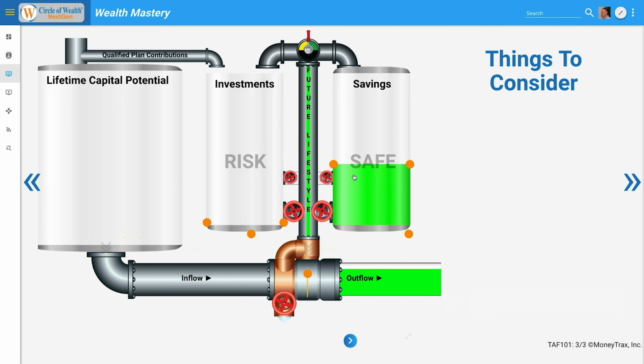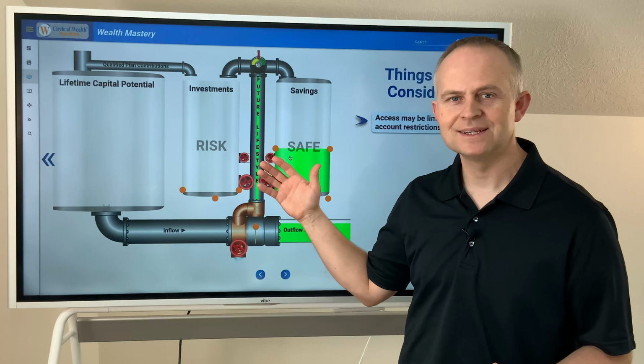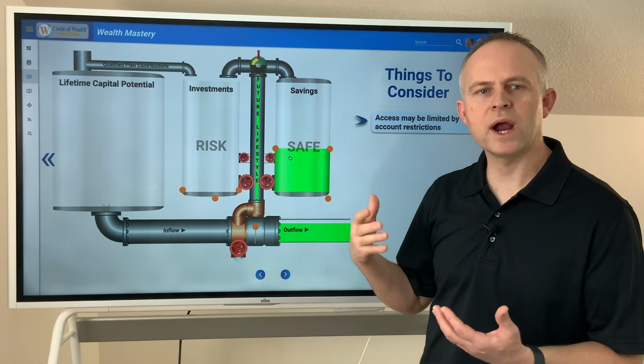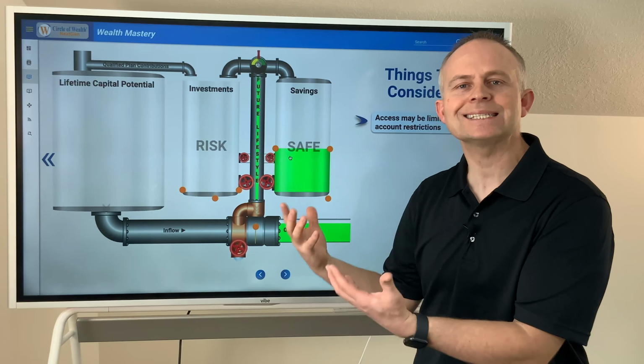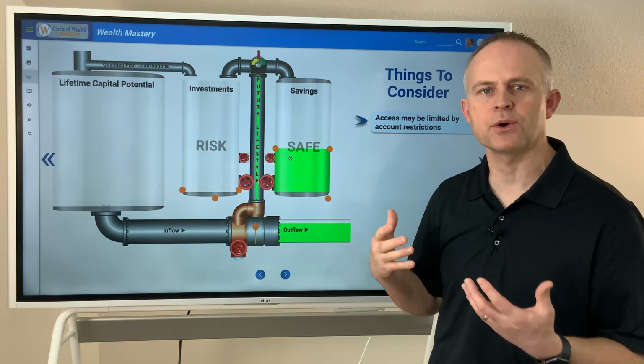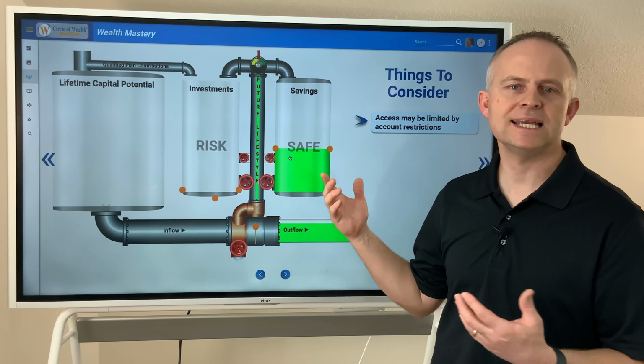All right, so in conclusion, here are some things to consider. First of all, the access to the money may be limited by account restrictions, depending on where you have it. It might not be where you can readily access that money in case of an emergency or if you need it. Now, if it's in the bank, that's easy to get to.